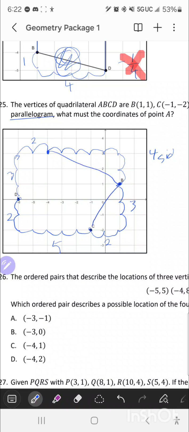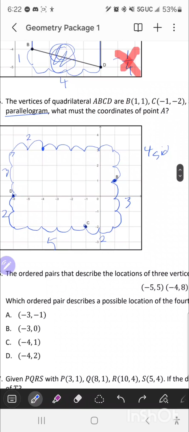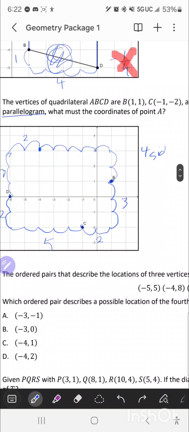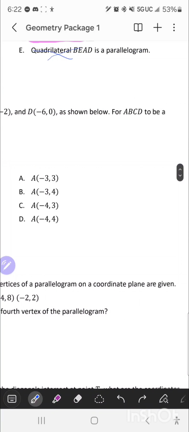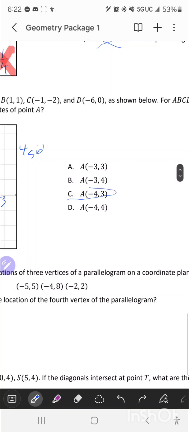And if we draw the figure, we're going to see it is a parallelogram. I just draw badly, so I don't count it. We got negative 4, comma 3, and that is our option C.